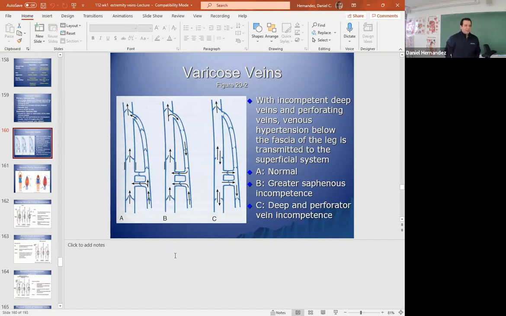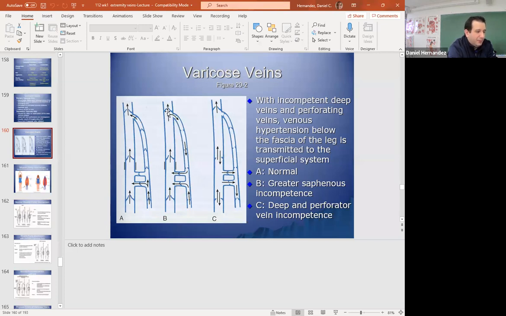This is another schematic showing normal blood flow that should typically occur within the venous system. We're looking at the lower extremity. This is the larger deep vein headed back up towards the heart, the greater saphenous or superficial vein headed back up, and then the perforator veins. Typical blood flow should be from the superficial into the deep system across those perforators.